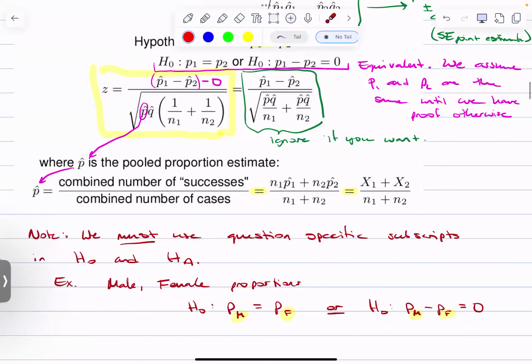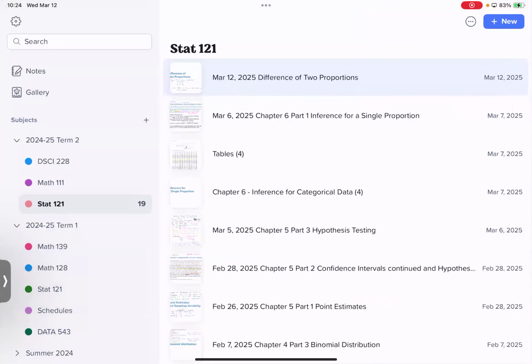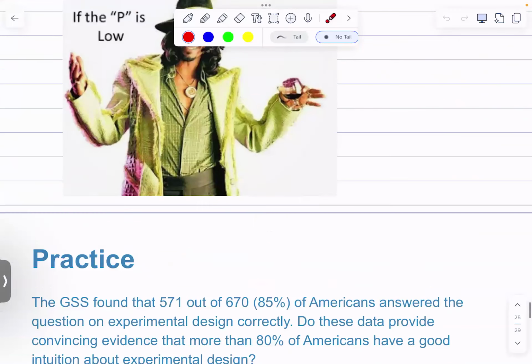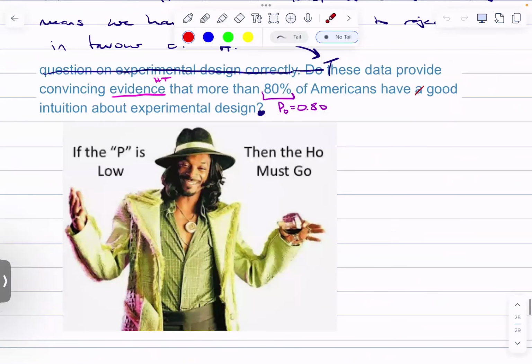If the p-value is small enough, we have enough evidence to reject H naught, or my favorite: if the p is low, then the null hypothesis must go.